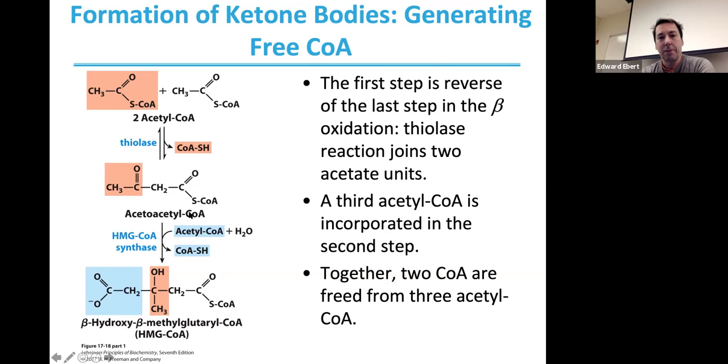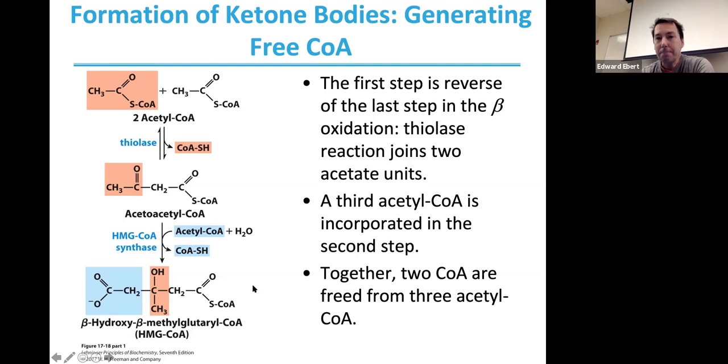All right. So there we have our acetyl-CoA. If we have that interact with acetyl-CoA and catalyzed by HMG-CoA synthase, which we will see much more of later when we talk about fatty acid synthesis, we can make a beta hydroxy beta methyl glutaryl-CoA, or HMG-CoA.